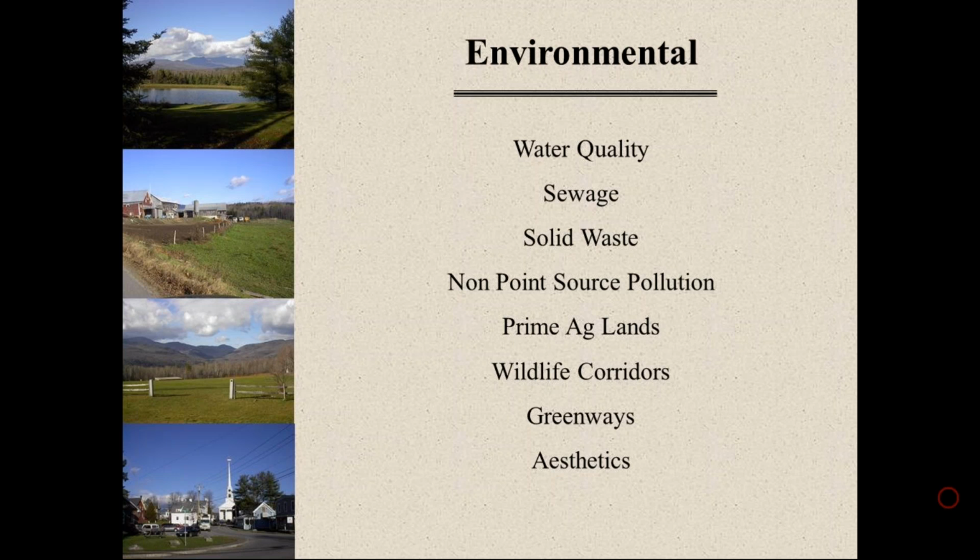The other aspect of rural planning is the environmental considerations. You know, in rural areas, you have agricultural runoff, you have animal waste, you have considerations of garbage disposal because you don't have the garbage trucks that come twice a week to pick up the trash.